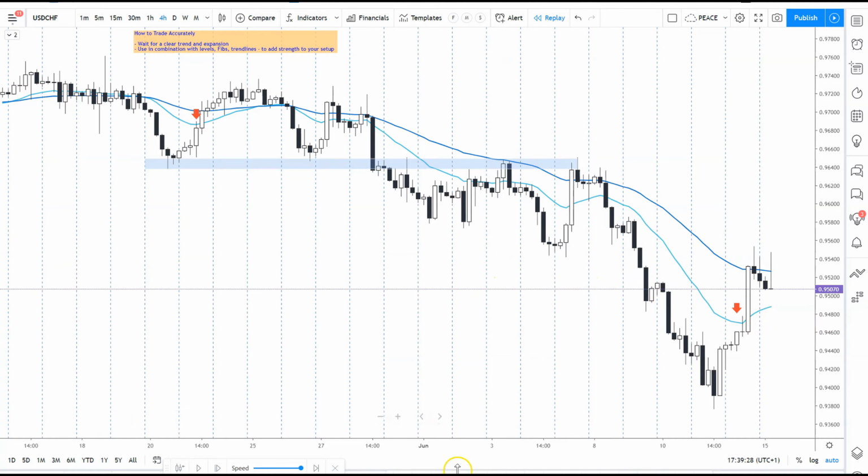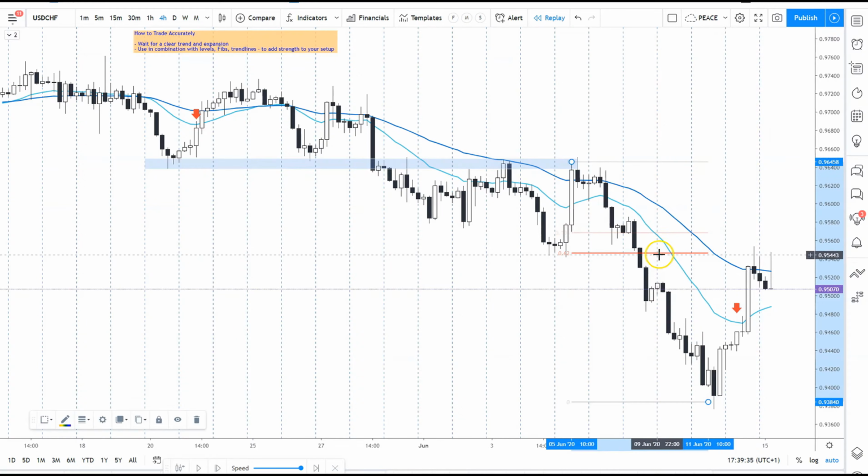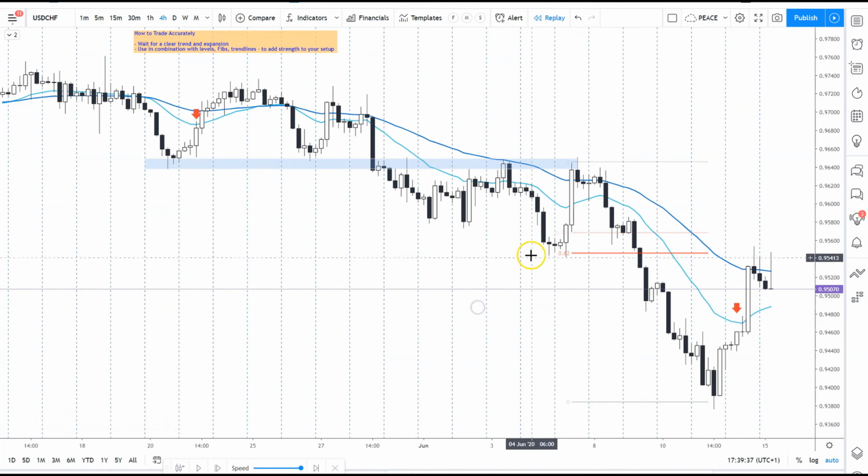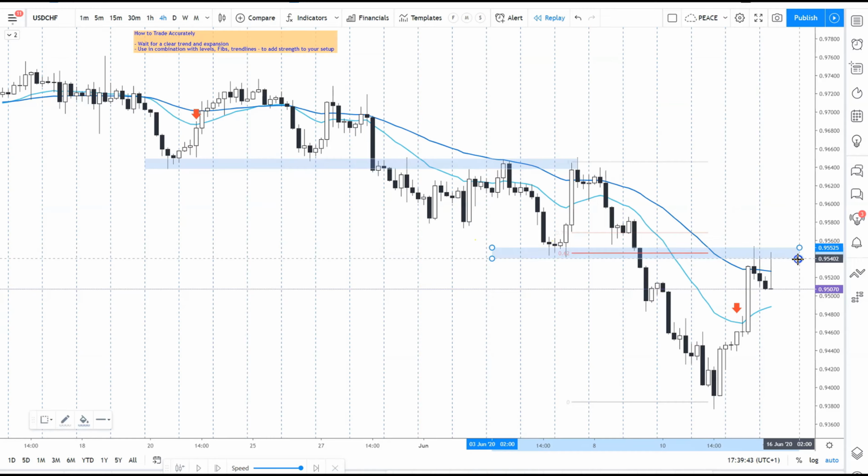So in this case, what we want to do is, again, we may have, according to your rules, place the fib. In this case, we have a 61, 62 level, and we may have a trend line and a level, and price action here.